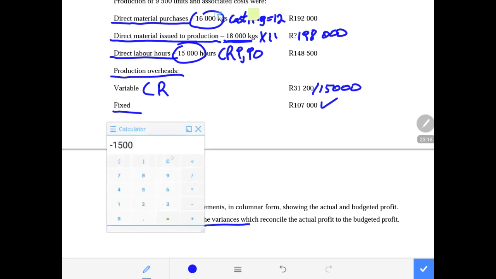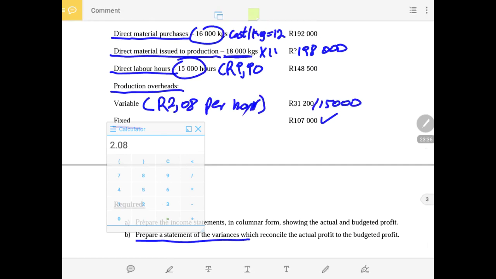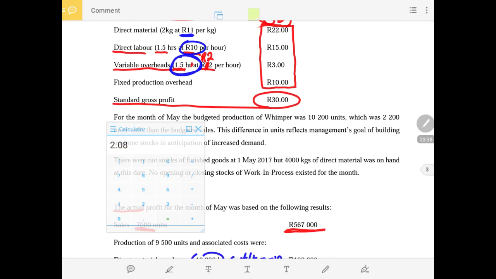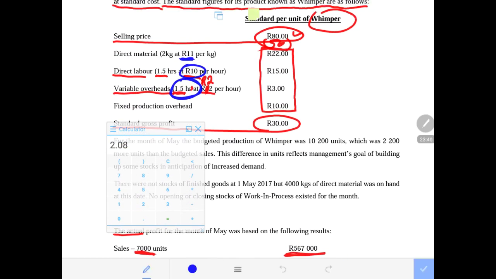Therefore this gives me an actual of 31,200. Divide this by 15,000, meaning I get 2 rand 8 cents as the actual variable overhead per labor hour. Then I have to compare this with the standard variable overhead, which was 2 rand.